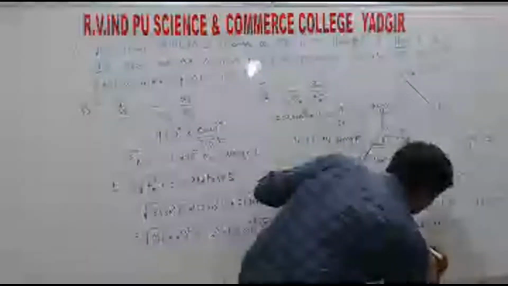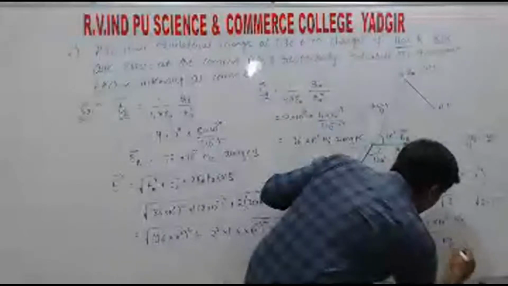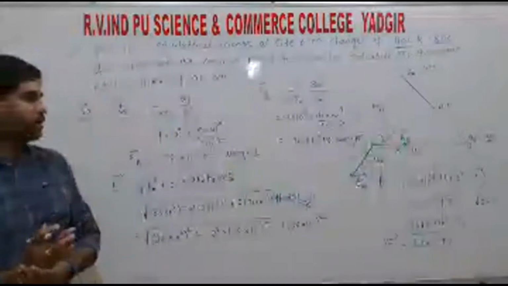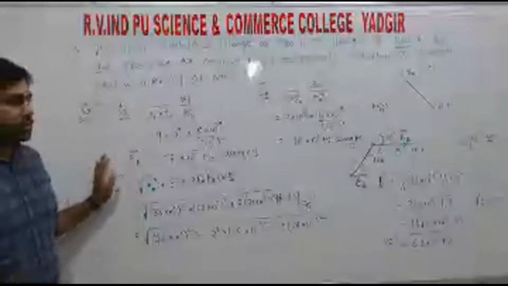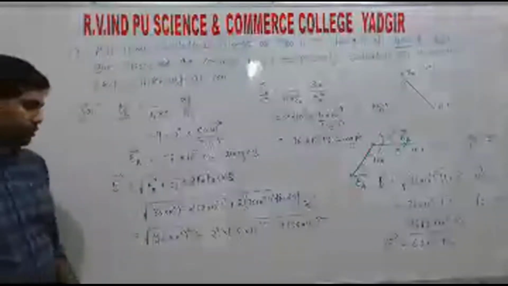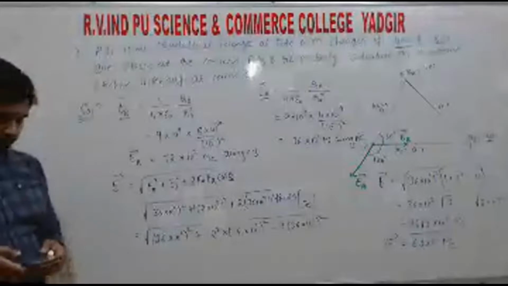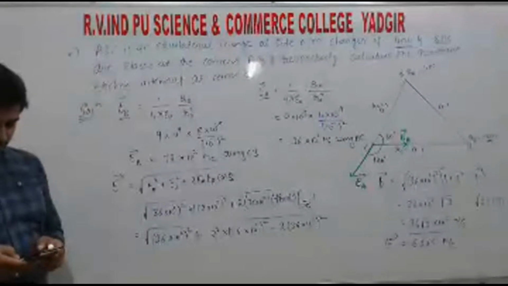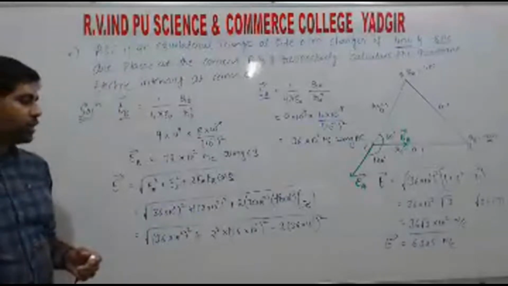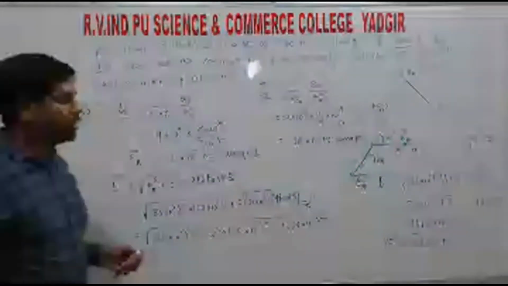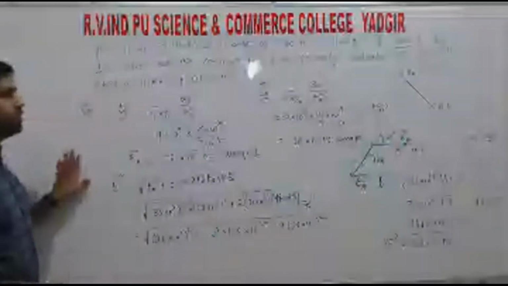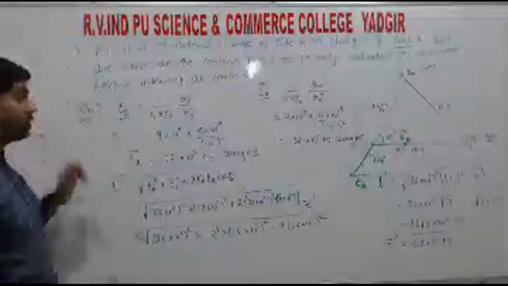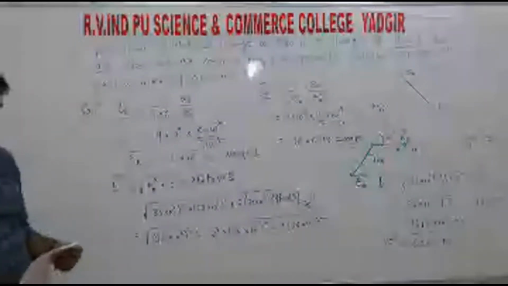Check this value once: approximately we get 6235 Newton per Coulomb, right? So this is for the triangle. One was for the square; here we solved for the triangle, right? So one more problem, the same method.